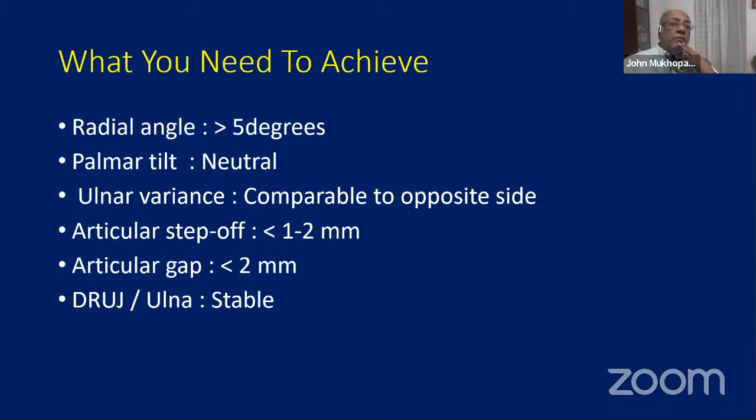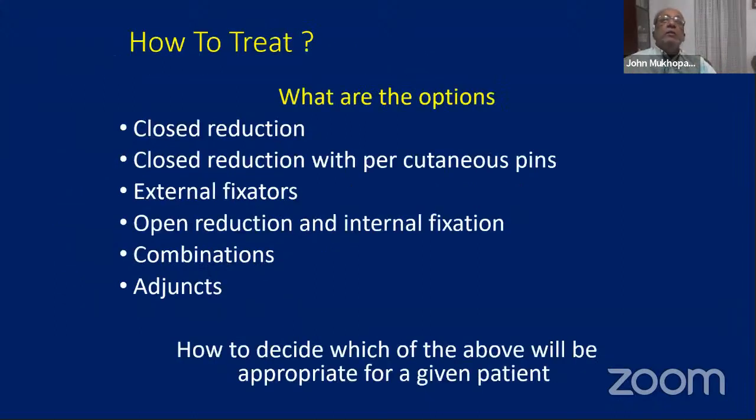The articular step-off should be less than 1 or 2 millimeters. The gap should be less than 2 millimeters. And the distal radioulnar joint or the distal ulna should be stable, so it should not be subluxating at the end of your reduction or fixation. These are basic things that you need to try and achieve when you're treating these fractures.